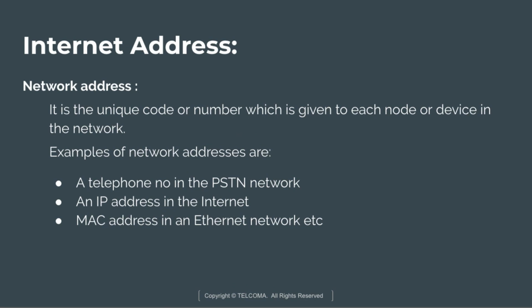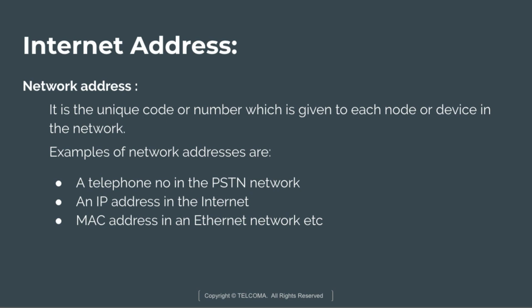Next is network address. Here the network address is a unique code or number which is given to each node or device in the network. As this is a very big network, to identify the different devices, we use network addresses.